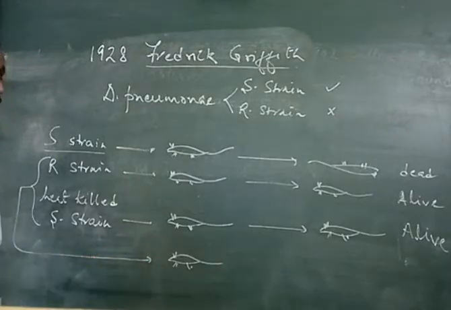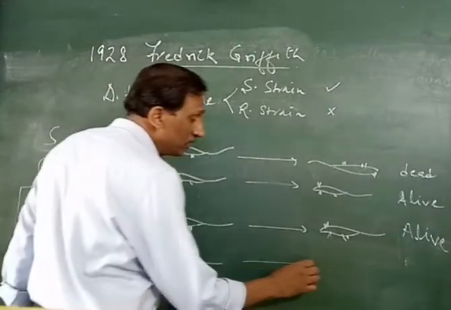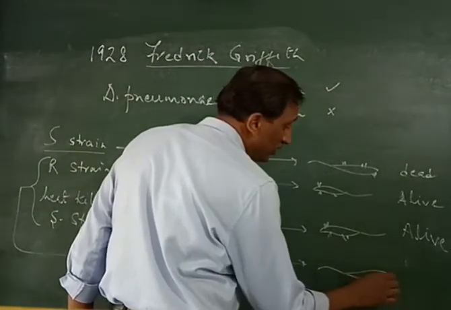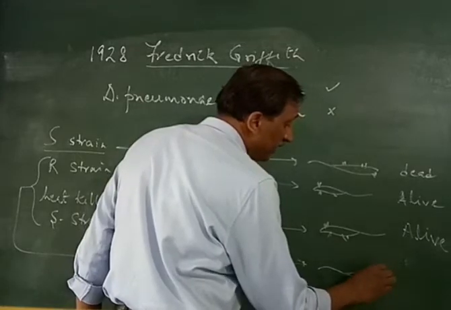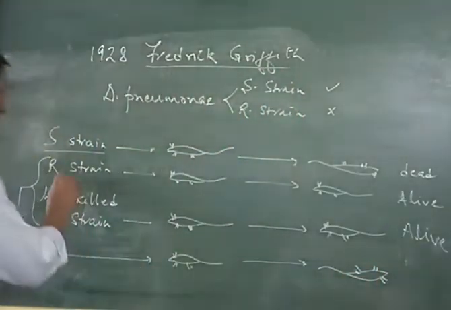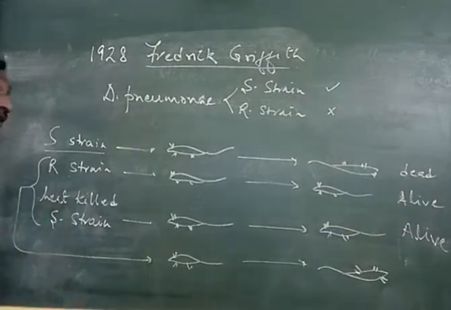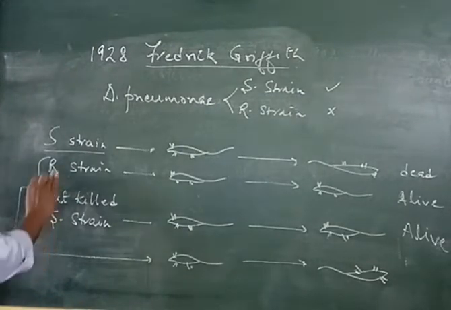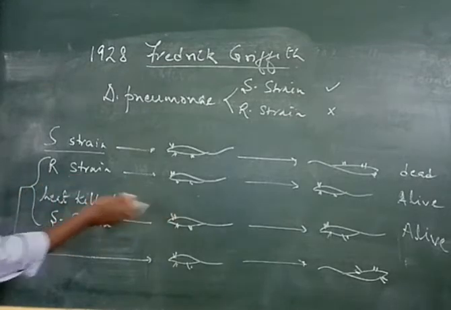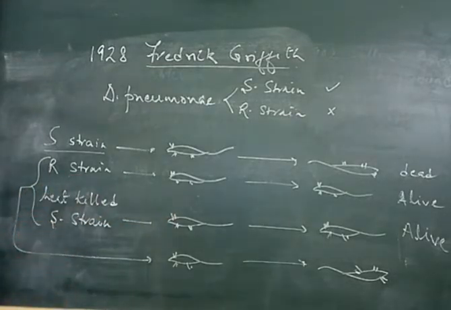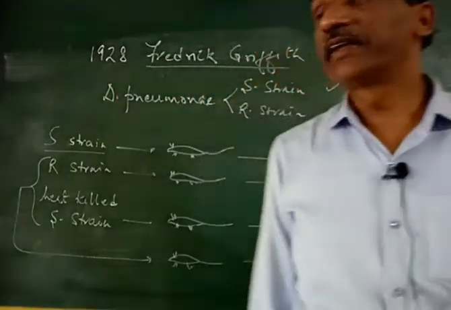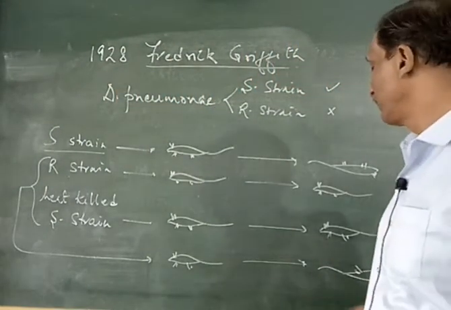So obviously the rat should remain alive. But what he observed was that the rat dies. Now the question is, why did the rat die? Here the rough strain bacteria cannot cause disease and the heat-killed smooth strain bacteria are already dead. Then why did the rat die suffering from pneumonia?